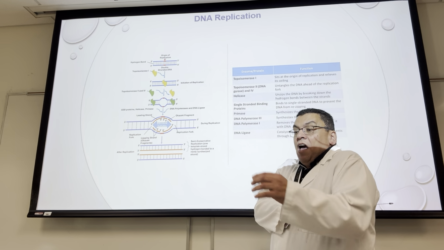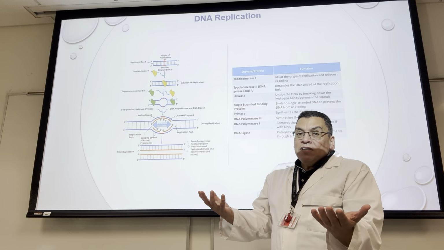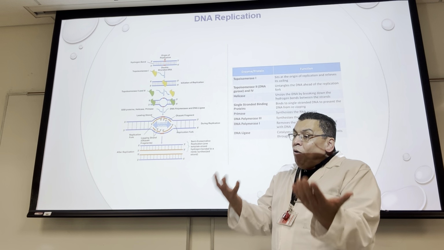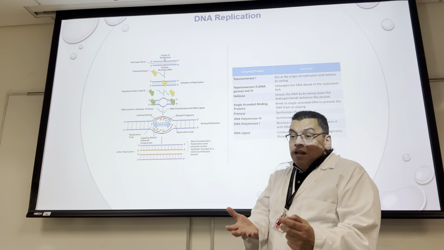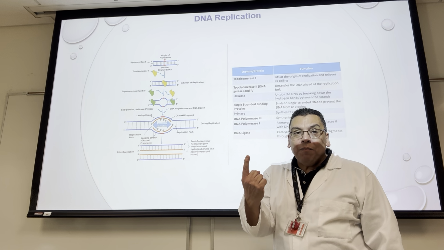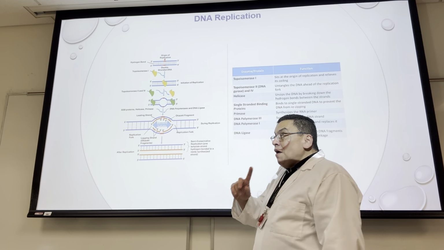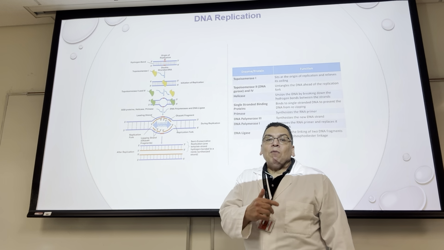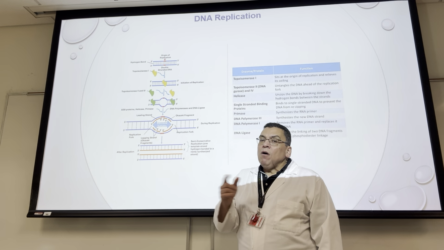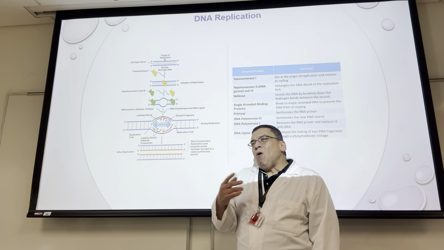Why? Because at the end, I'm going to have two cells, and they both need a copy of the DNA. But at the beginning of the process, I only have one copy. If I don't copy the DNA, one cell will have a copy, the other one won't. What's going to happen to the one that doesn't have a copy?